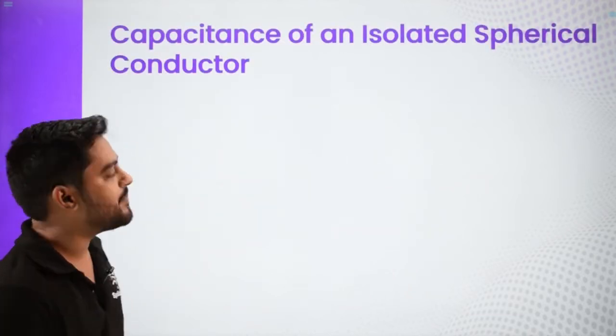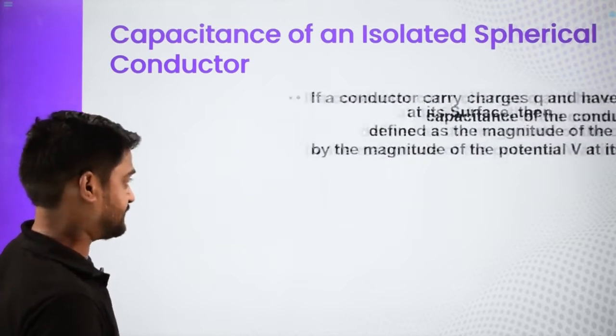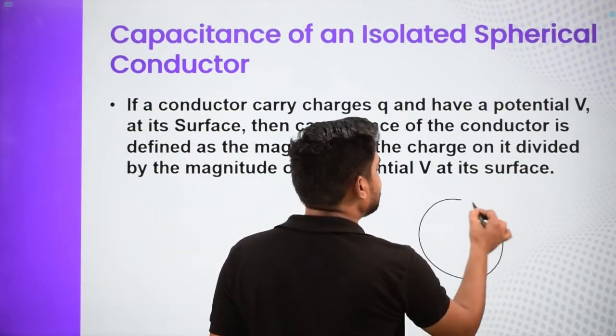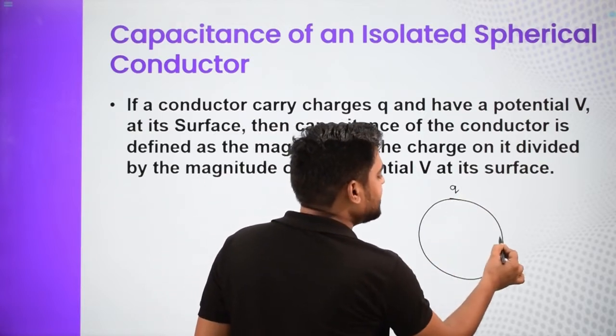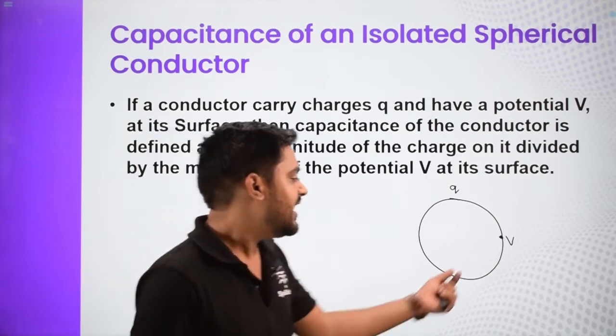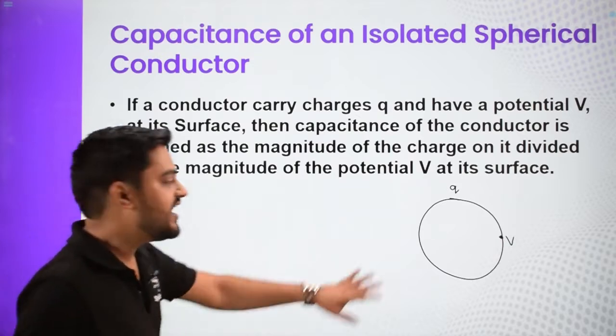Now if we talk about the capacitance of an isolated spherical conductor, let us say we have an isolated spherical conductor with charge Q, and V is the potential of the conductor, or the potential at the surface of the conductor. So it is defined in a different way.